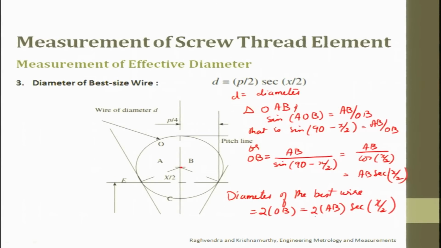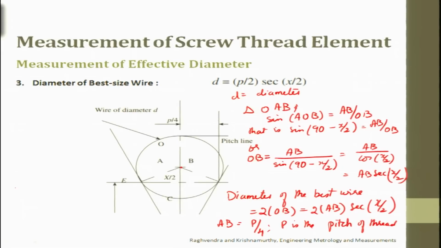AB is nothing but P by 4, where P is the pitch of the thread.